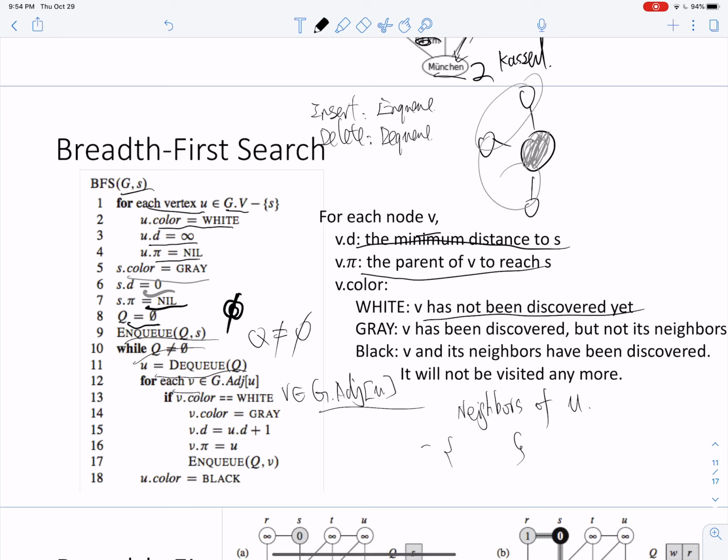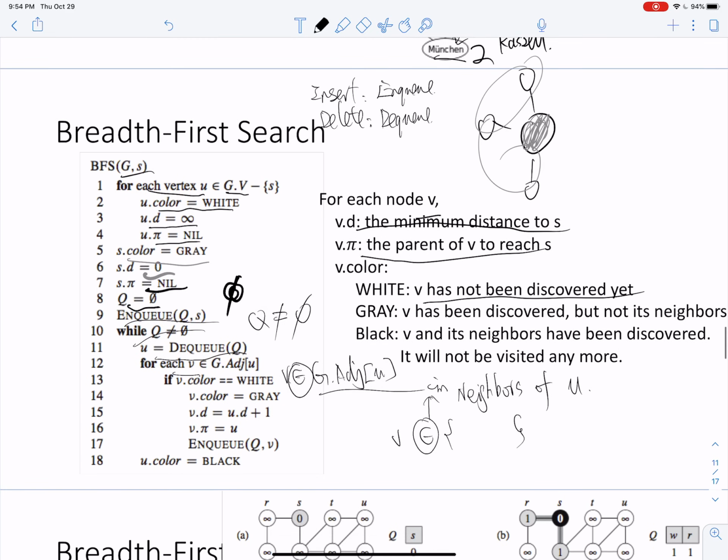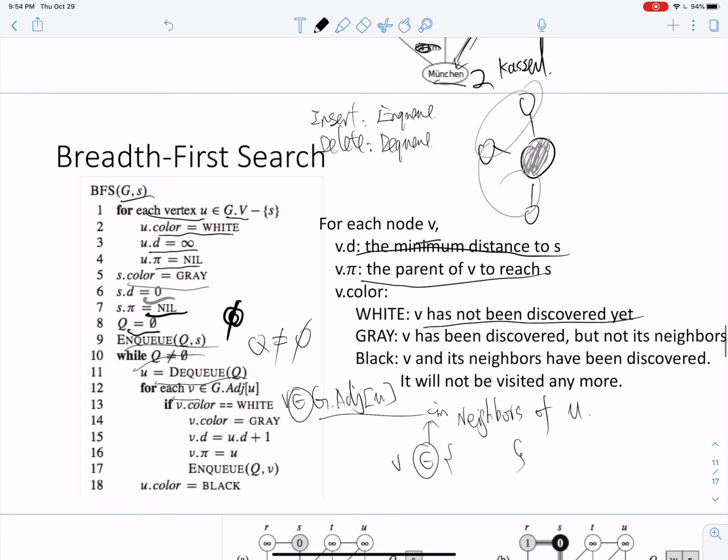The operator in, which I think you should learn from the discrete math course, is pretty much like an iteration, for every node inside this set. If you don't understand what a set is, for now you can take it as an array, for each value inside the array.